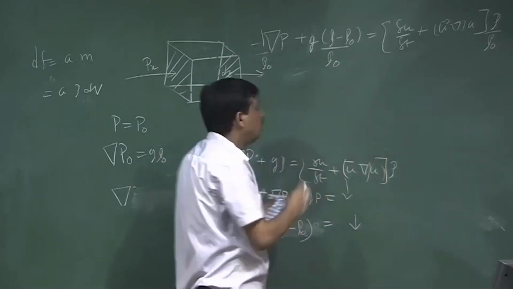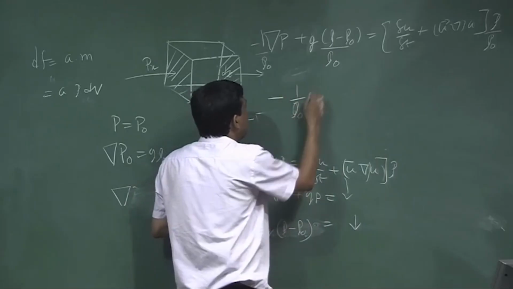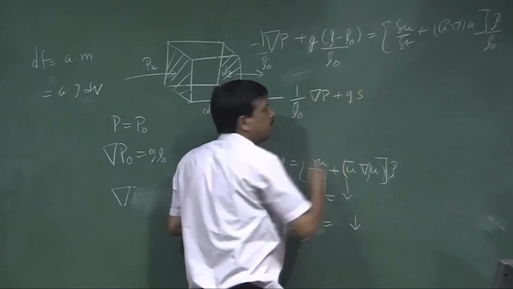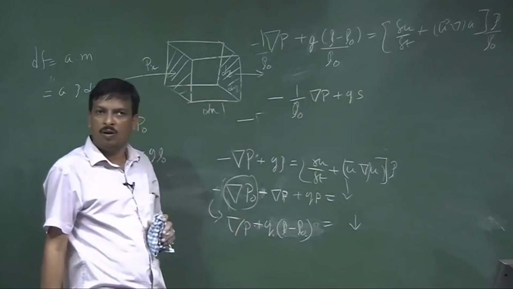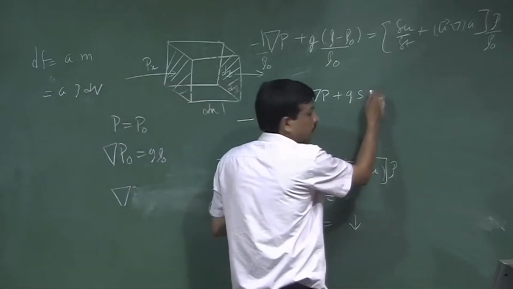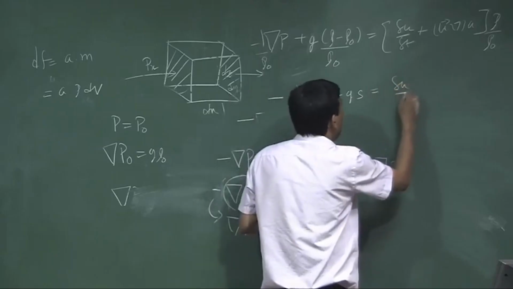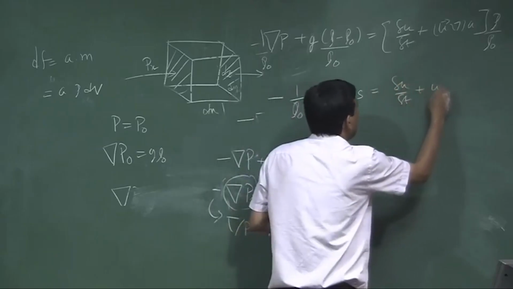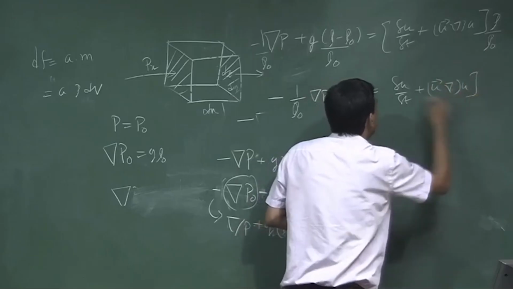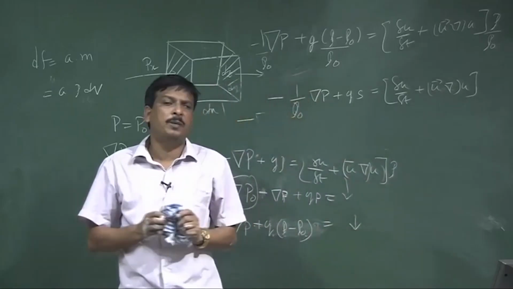So, see that G into (ρ minus ρ0) by ρ0 is what? Condensation. So, it is nothing but minus 1/ρ0 into the gradient of acoustic pressure plus G into S, where S is the condensation, is equal to ∂U/∂T plus U·∇U, whole, times ρ by ρ0. What is ρ by ρ0 in terms of S?